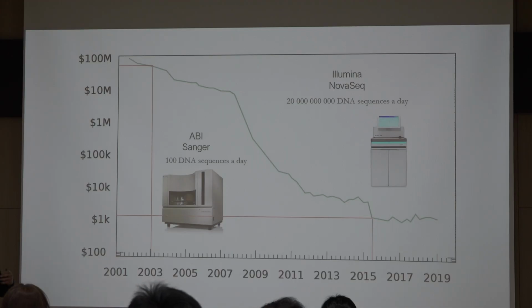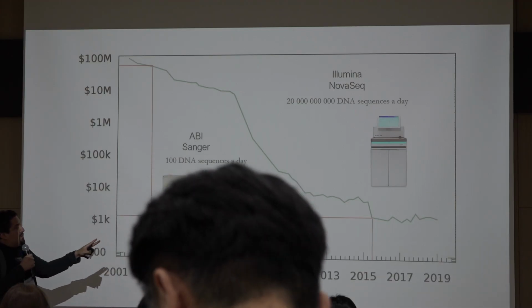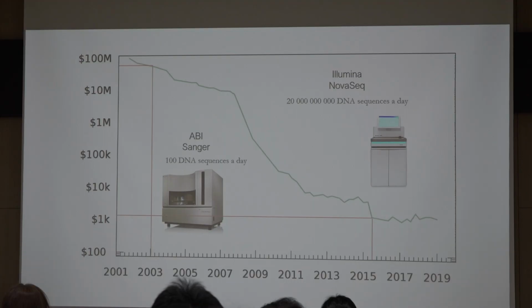That's the cost of one genome. And right now we're somewhere in between $100 and $1,000 per human genome. And we can now sequence it in 2 days. The sequencing only takes 2 days, compared to 1 decade before.